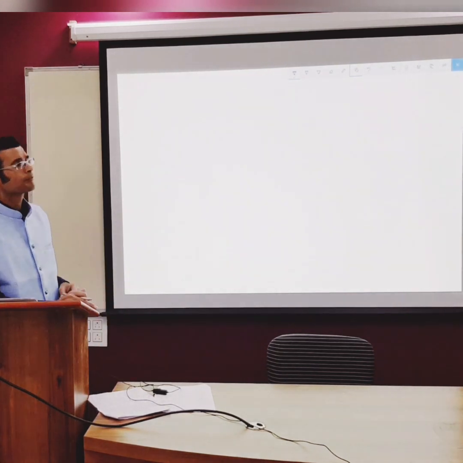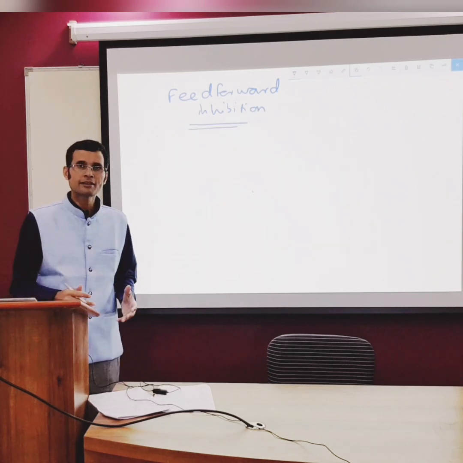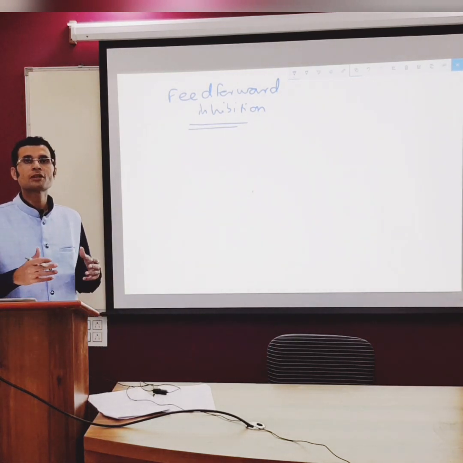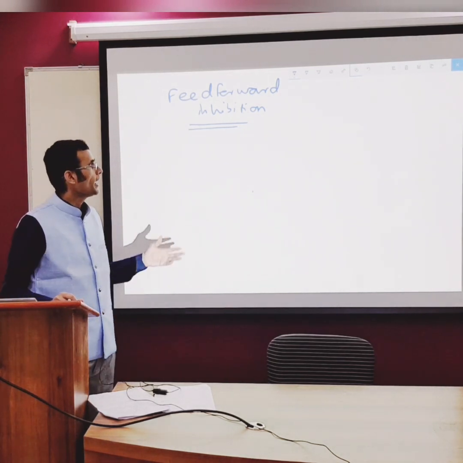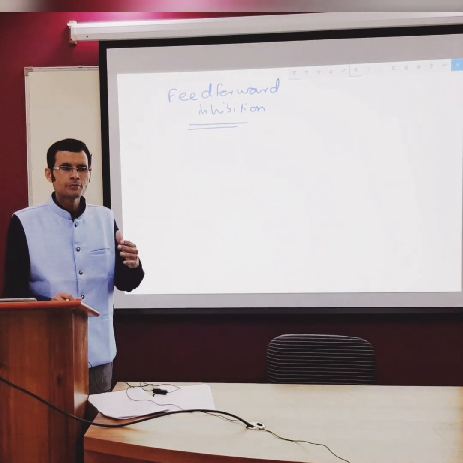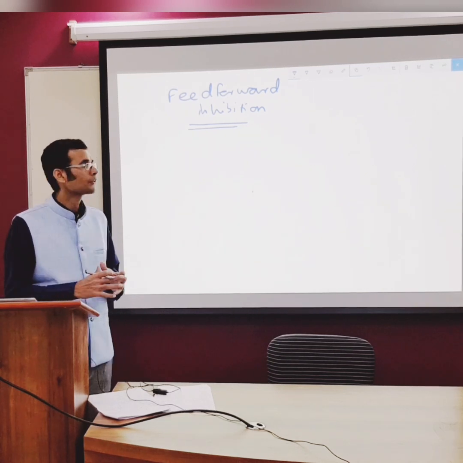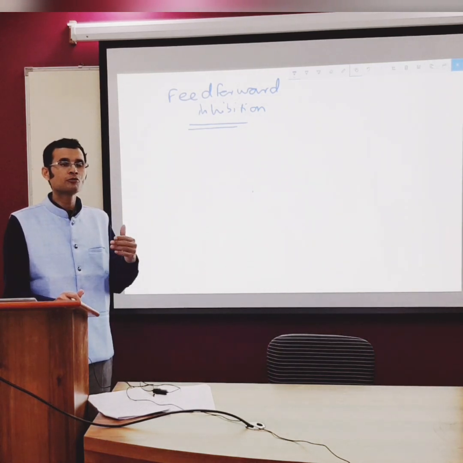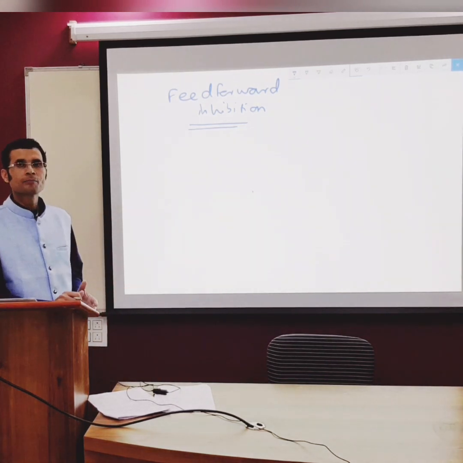Negative feed forward or feed forward inhibition. Feed forward inhibition is seen in cerebellar circuits in the context of motor learning. Cerebellum is the master coordinator for our voluntary movements, and it has circuits that are so finely balanced that we perform the voluntary movements in a very precise, smooth and well coordinated manner.